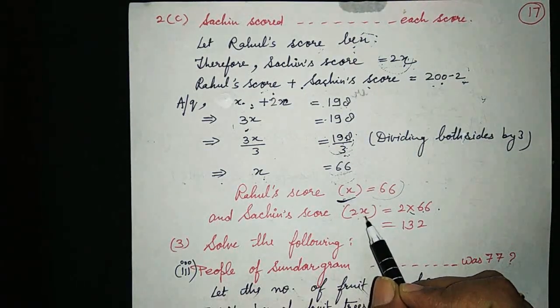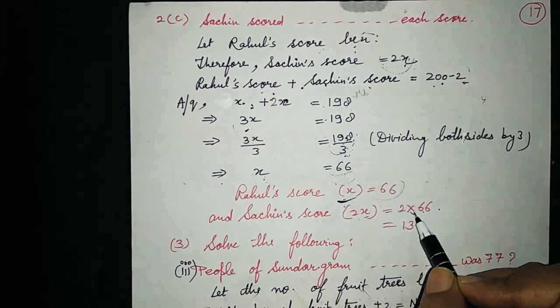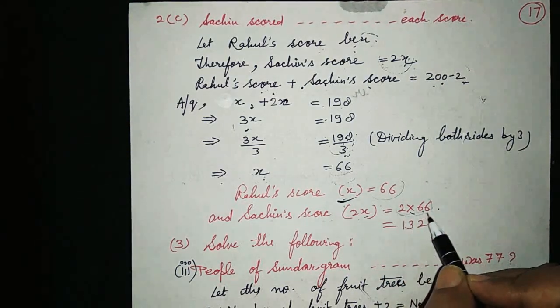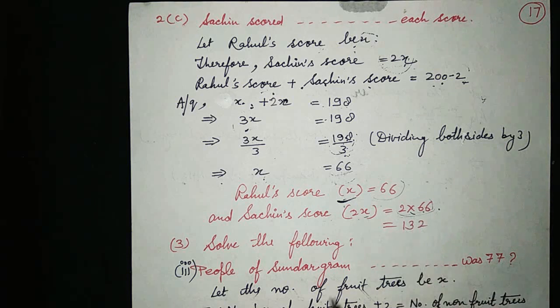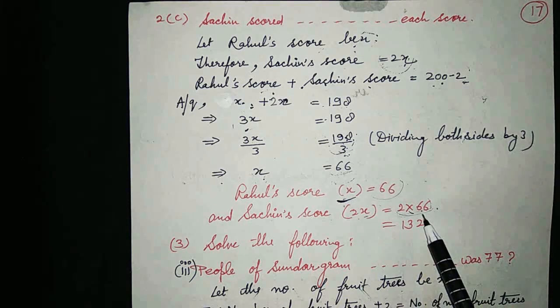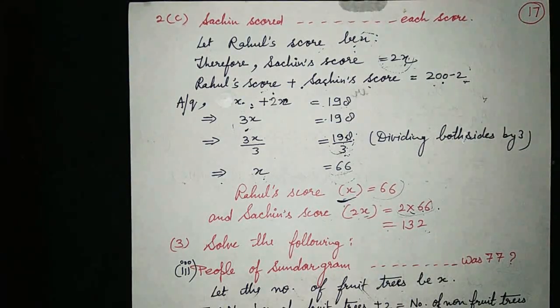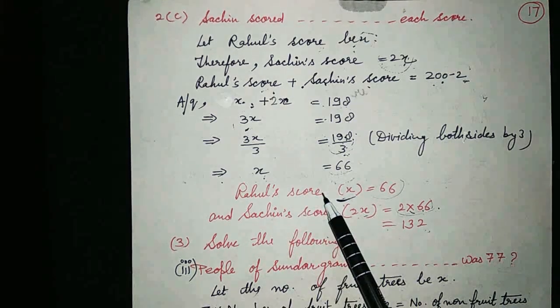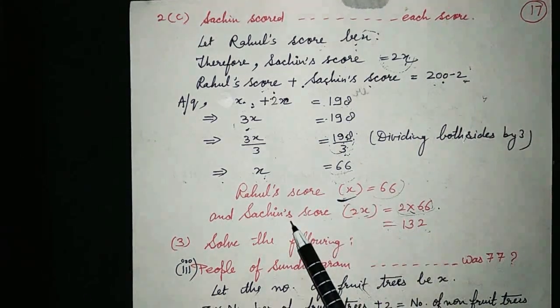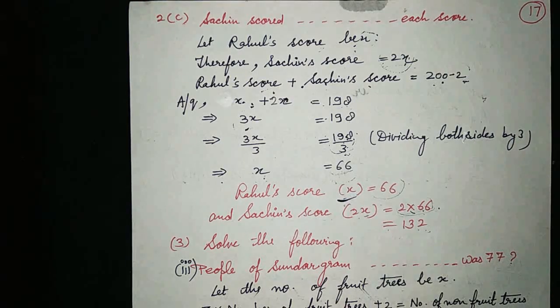If we put 66 in place of x, then we will get 2 into 66. And after multiplication 132 will come. So here Rahul's score is 66 and Sachin's score is 132.